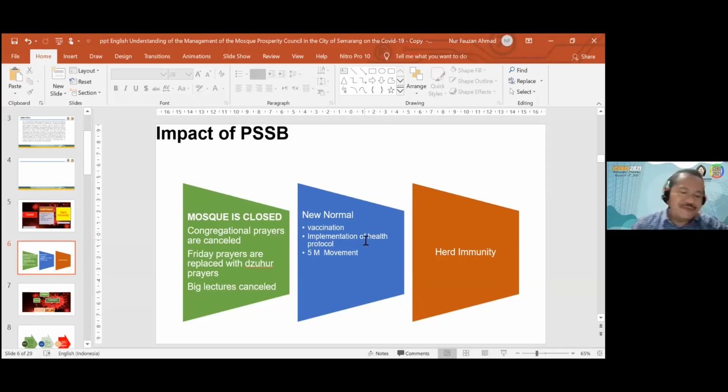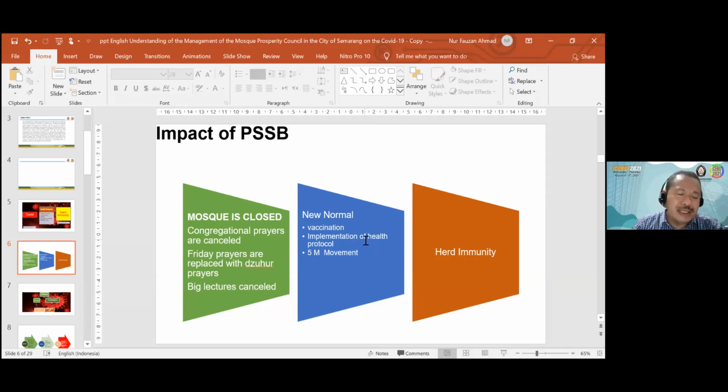The impact of the enactment of PSBB or PPKM is the closure of mosques, and the absence of congregational prayers and other religious activities. The majority of the Indonesian population is Muslim, as you know. Whether the mosque is closed or not depends on the discretion of the mosque administrator, whom we call takmir.